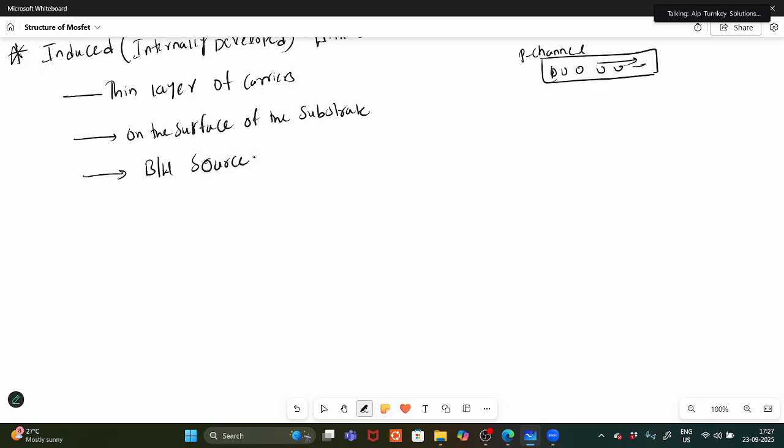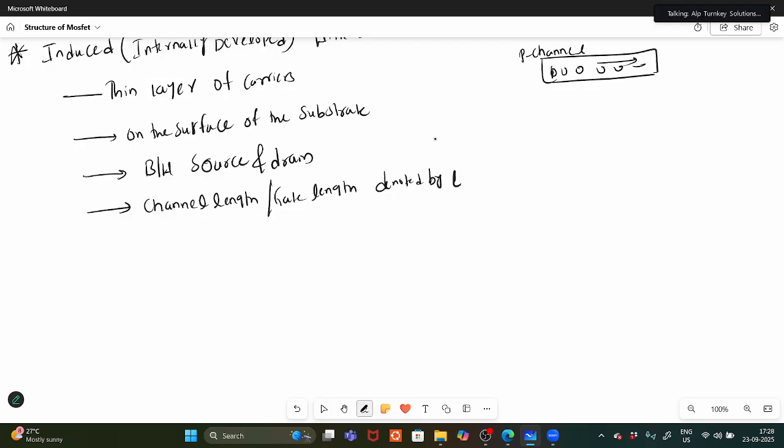Channel length or gate length is denoted by L.